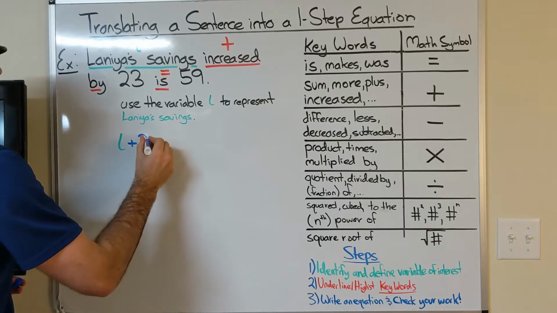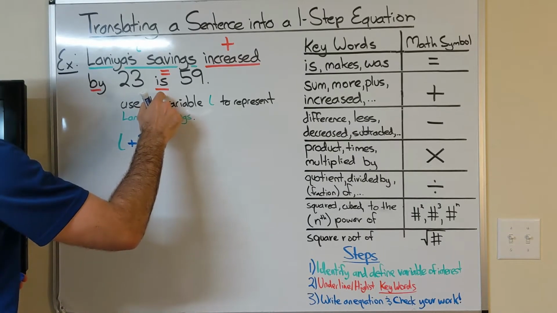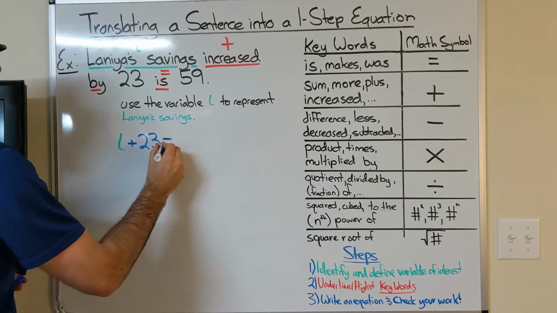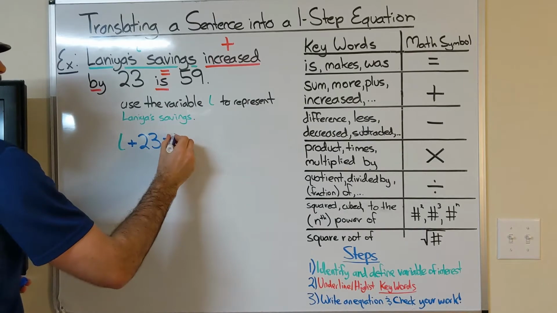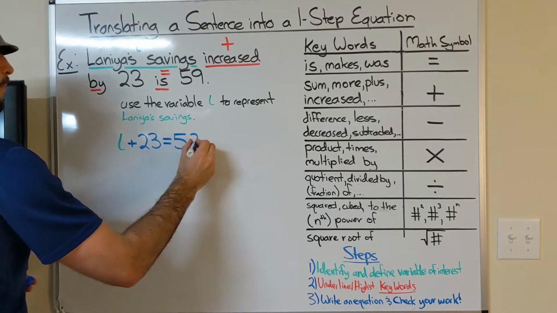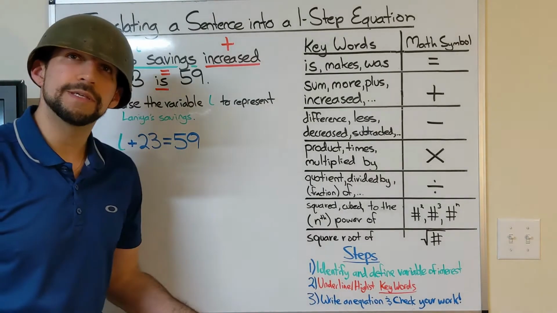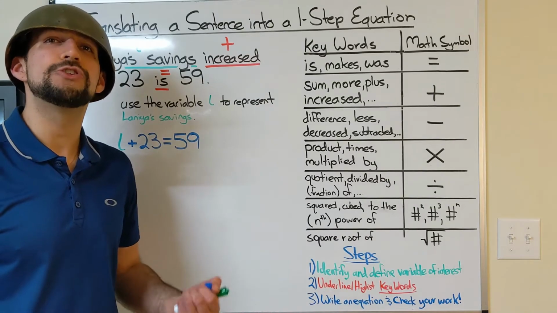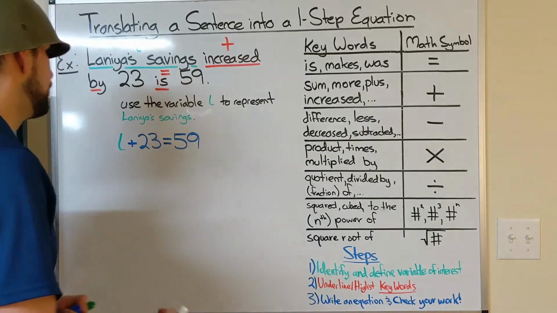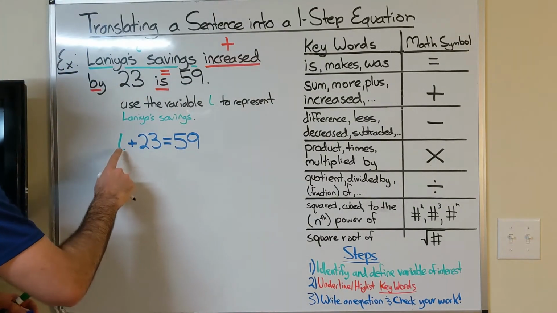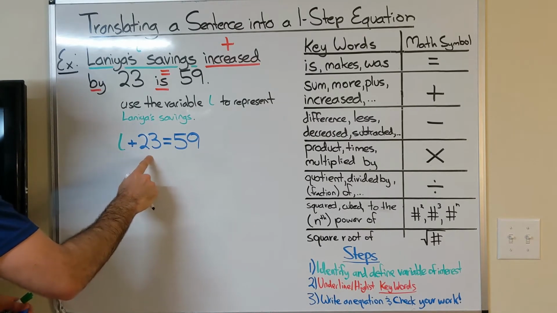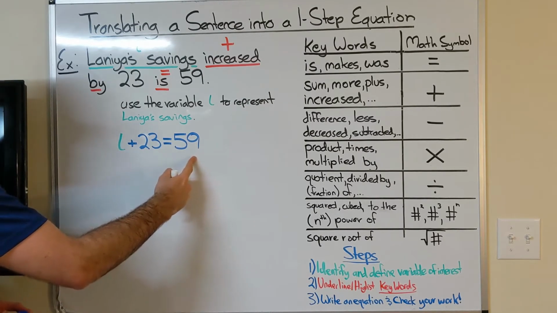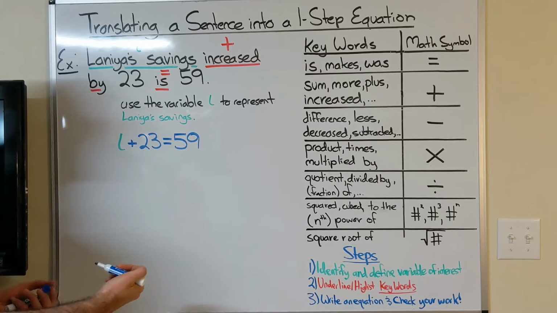So L plus 23 should be, an equal sign here, 59. Now before we submit this in ALEKS, let's check our work. Let's make sure this makes sense. So if she had a small amount of money, and we added to it, it should be a greater amount of money. So let's solve this and make sure it makes sense.